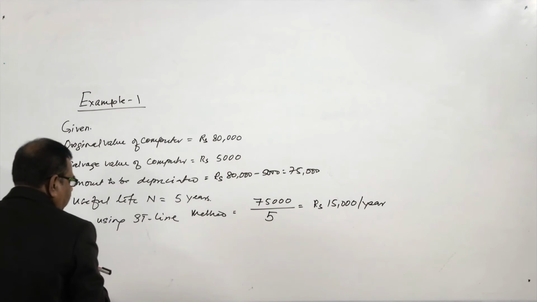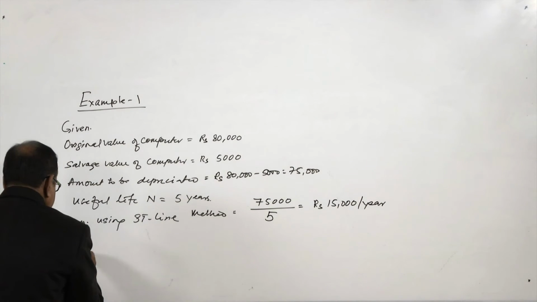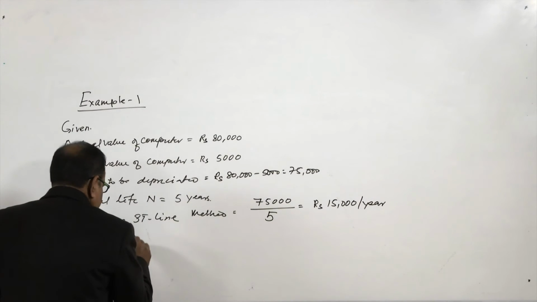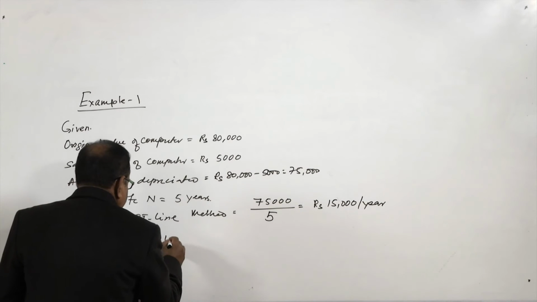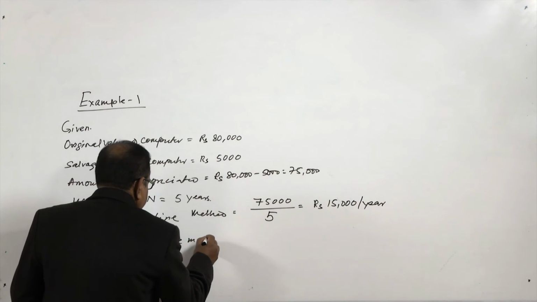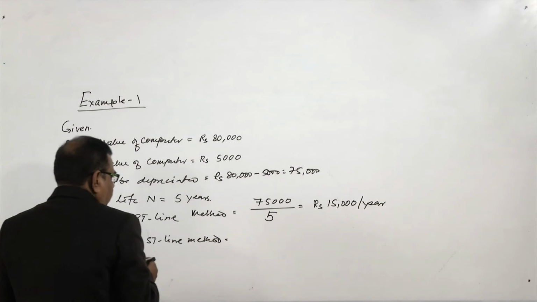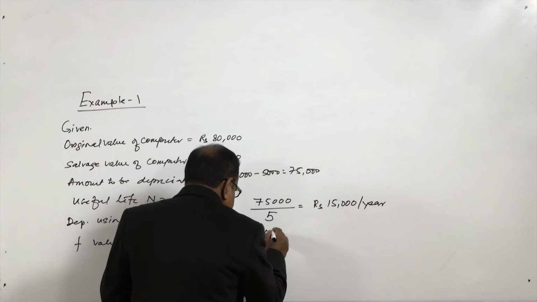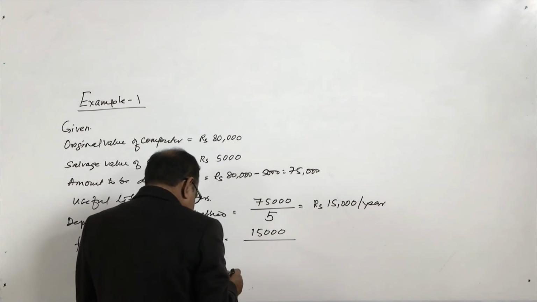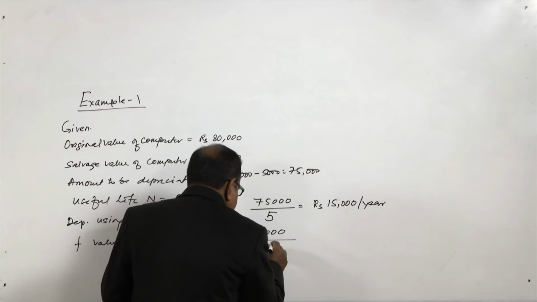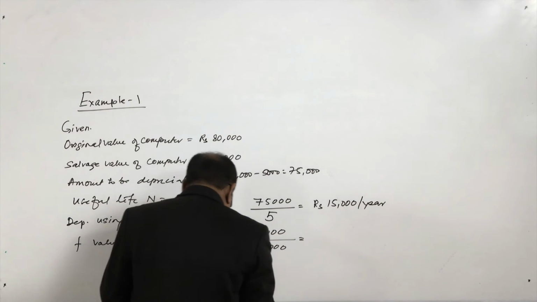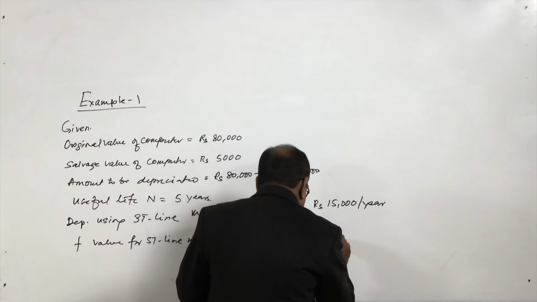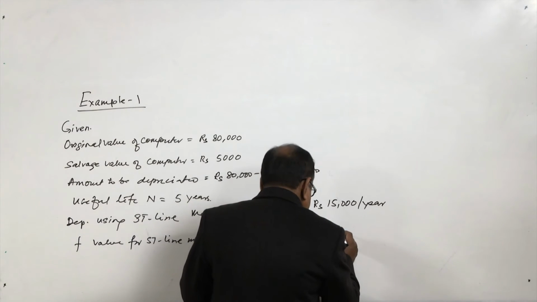Now, we have to find out the F value, that is fixed percentage value for straight line method, which is equal to 15,000 divided by the original cost, that is 80,000, which comes out to be 0.1875.